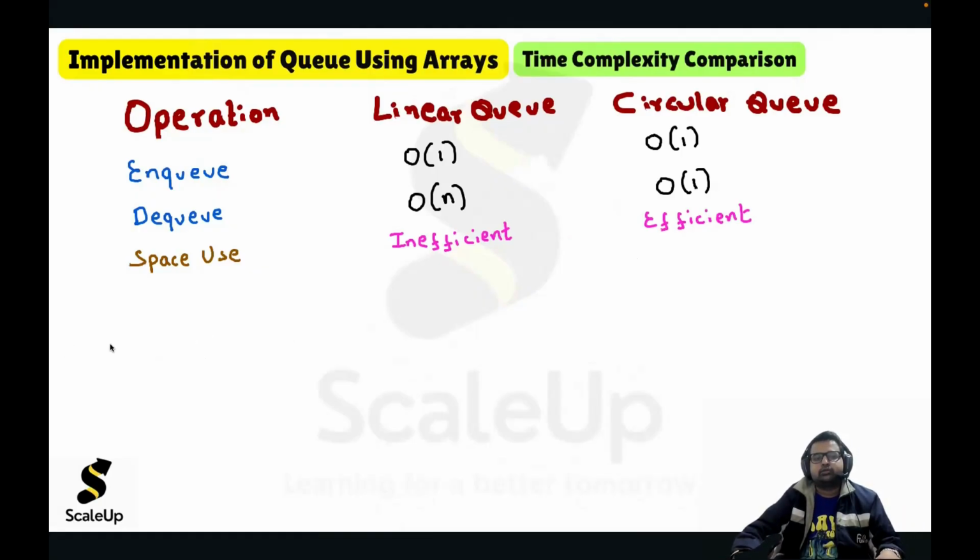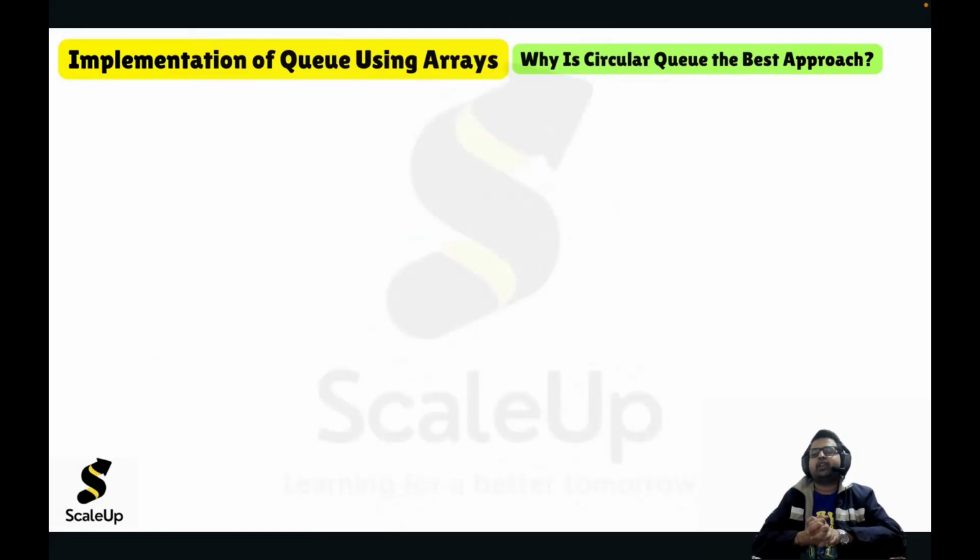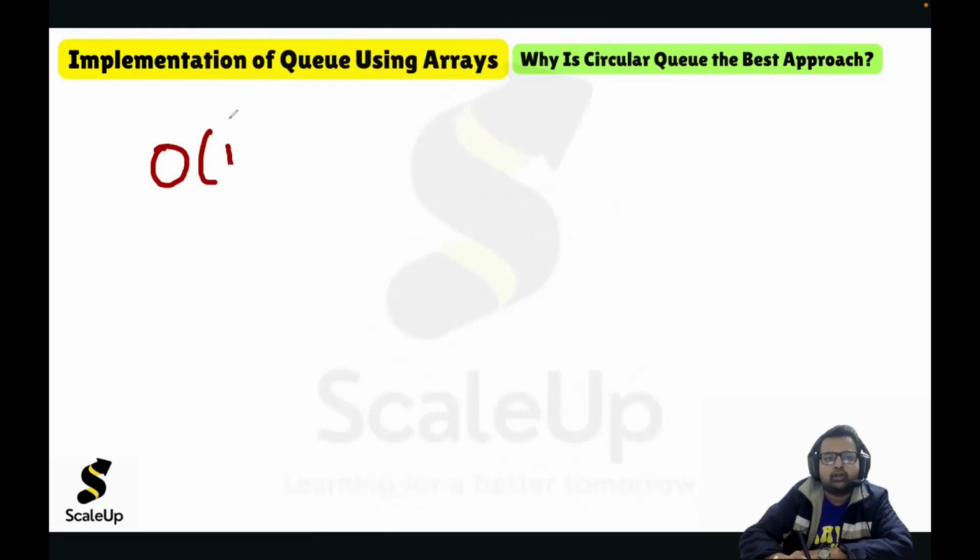So why is circular queue the best approach? Now you already got the answer. Because in circular queue, all the operations are of order big O(1). And it is very powerful actually. Because just imagine you have millions of records.